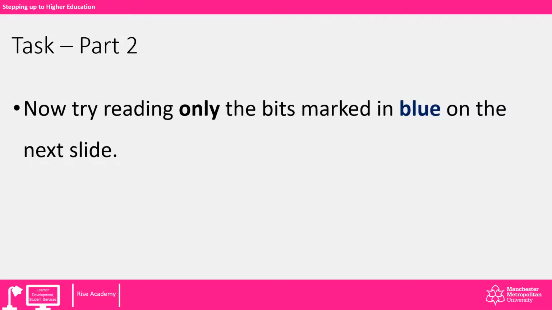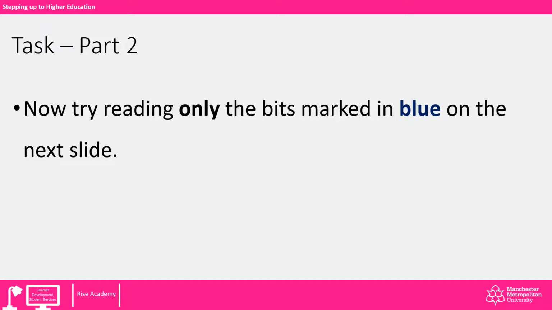Hopefully you've completed the first part of this task. If not, go back and complete it before we start part 2. So you had a go at reading that full text, word by word. What I'd now like you to do is have a go at reading only the bits marked in blue, which is shown on the next slide.